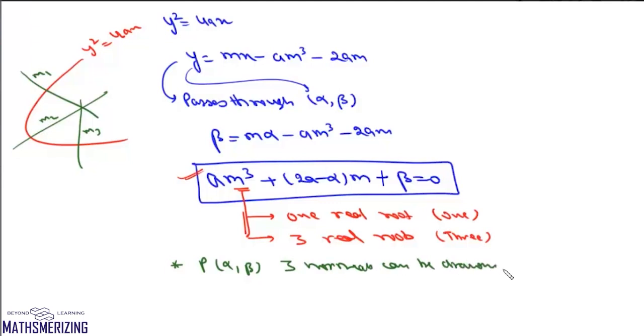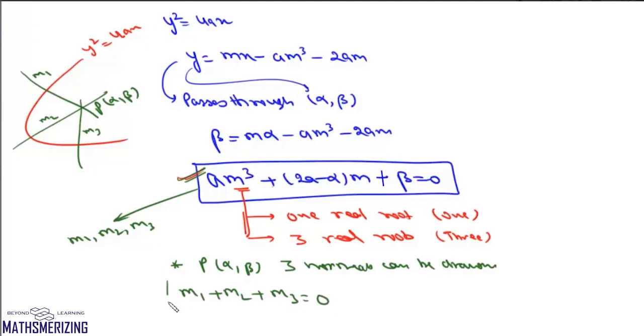If three normals can be drawn from this point P (alpha, beta), we know that its cubic equation will be am cubed plus (2a minus alpha)m plus beta equals 0. And this equation will have three real roots which are m1, m2 and m3. Now if we write the sum of roots, m1 plus m2 plus m3, there is no m squared term, so it will be simply 0.